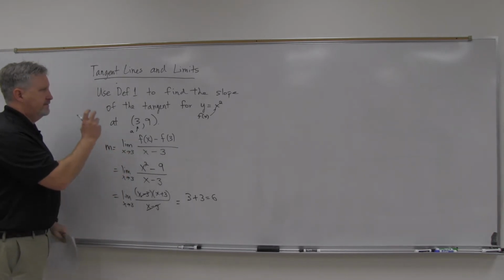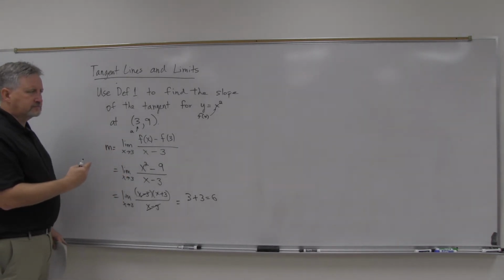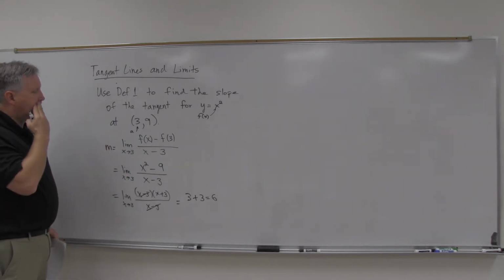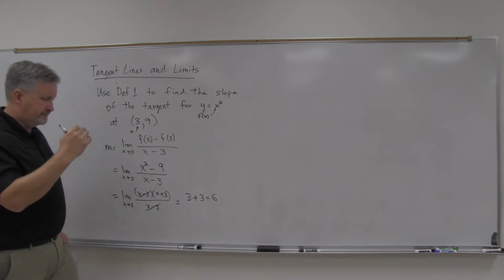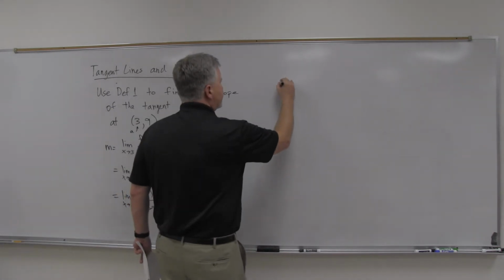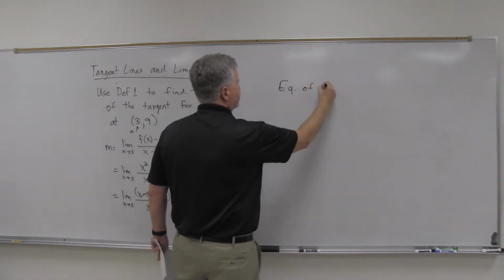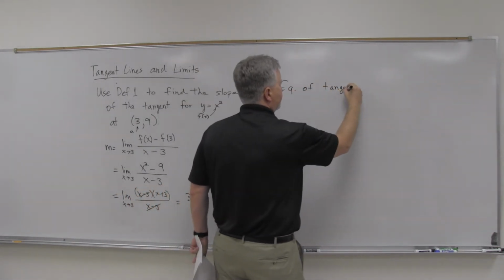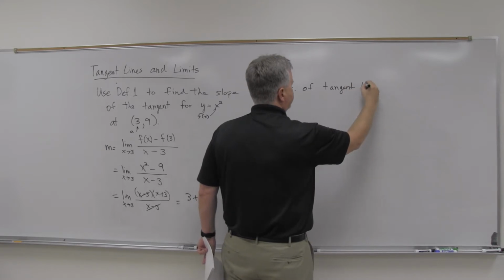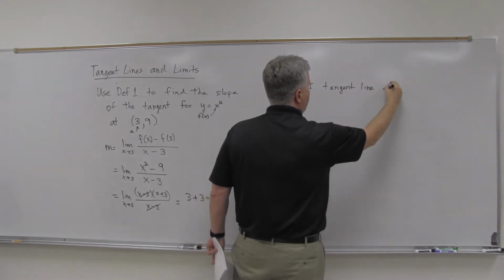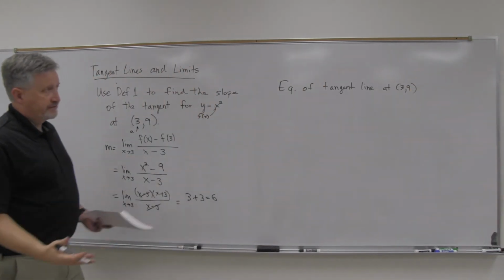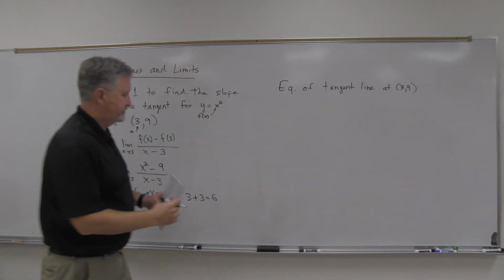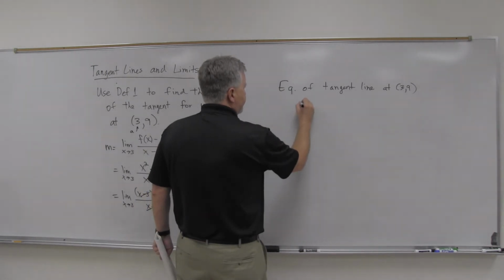There's one other thing I wanted to make a note of here for us. So what would be the equation of my tangent line at 3, 9? Well, that's where we use y equals mx plus b, or that's where I choose to go anyway.